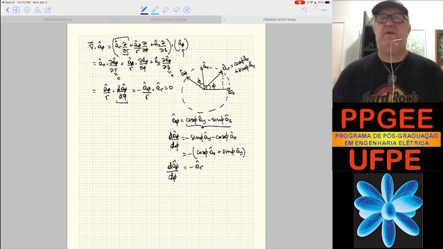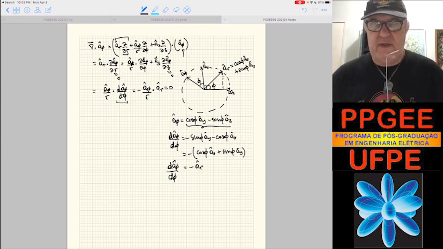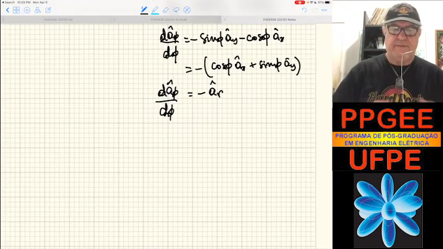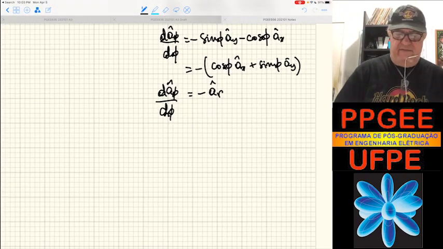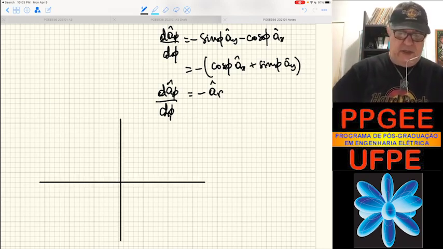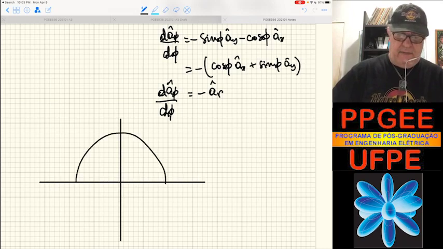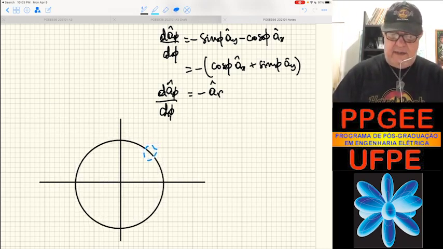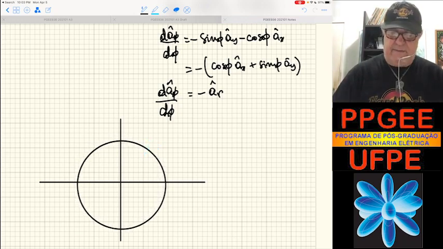Let me just use this opportunity to show how to make this derivative geometrically, okay? Here we have the XY plane. Let me just center this thing here, something like this.